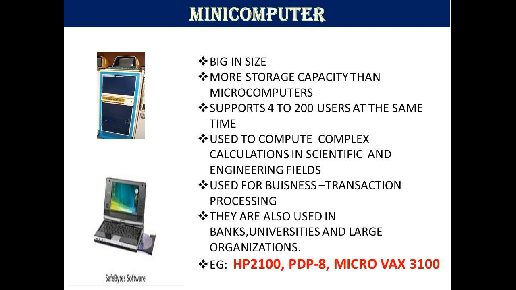Used to compute complex calculations in scientific and engineering fields. Okay, if you have a complex calculation to compute, then you can use this type of computers in scientific and engineering fields, and used for business transaction processing. They are also used in banks, universities and large organizations also.